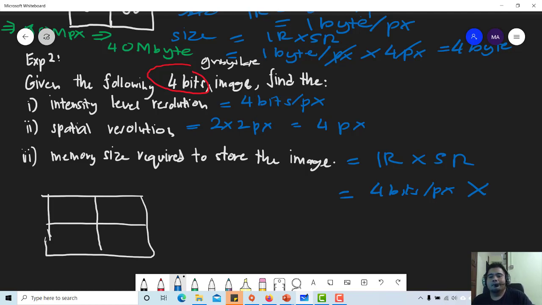So 4 bits per pixel times 4 pixels, the answer is 16. Cancel this one, so it becomes 16 bits. So the memory size required to store this image, where the spatial resolution is 2 times 2, which is 4 pixels, and the intensity level resolution is 4 bits per pixel, is 16 bits.